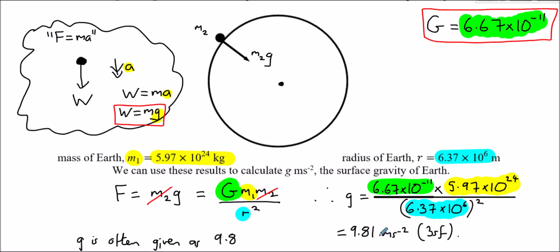So 9.81 might not always be true, but 9.8 meters per second squared on the surface of the Earth is pretty much always true. So that's just a bit of background as to where this number g comes from and why you might see that number cropping up from time to time, this year and next.